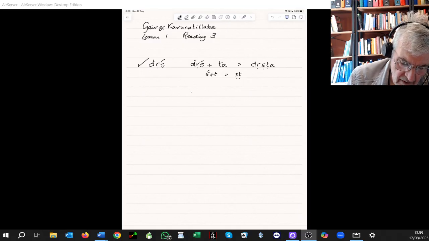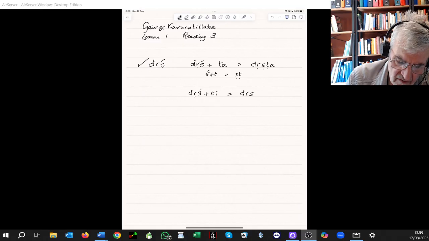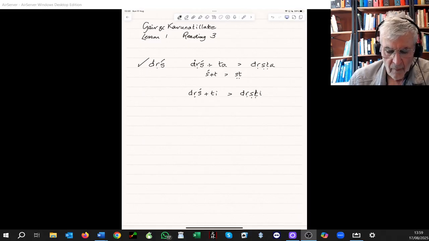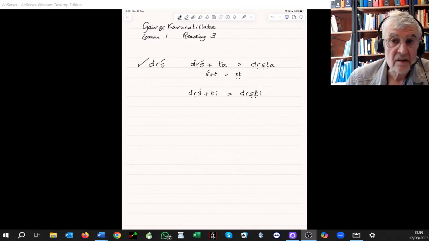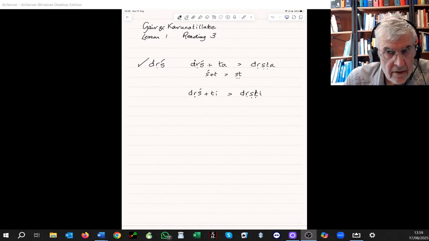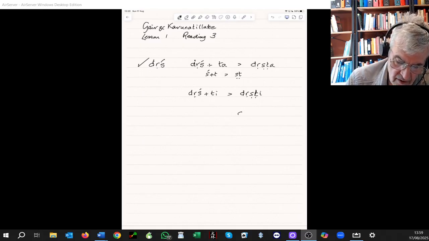And similarly, dṛś plus ti becomes in Sanskrit dṛṣṭi. And it's the Sanskrit dṛṣṭi that by regular phonetic mutation becomes diṭṭhi in Pali.